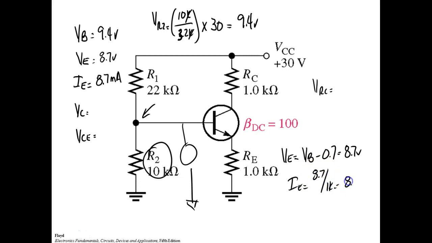And that gives me the 8.7 milliamps. We should get the voltage drop across RC because it's a series circuit. Current's the same. This guy's 1K. It drops 8.7 volts. So VRC is going to be 8.7 volts. But we don't measure VRC. We measure VC. So what will VC be?